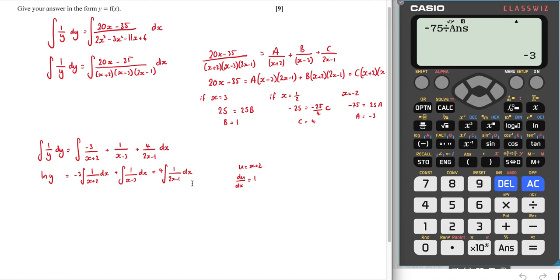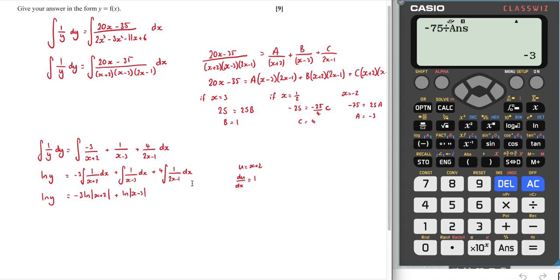So ln y is minus 3 ln of the modulus of x plus 2, just in case it becomes negative. Get the same on the next one, so you get plus ln of the modulus of x minus 3, oops, not close brackets, I want modulus.